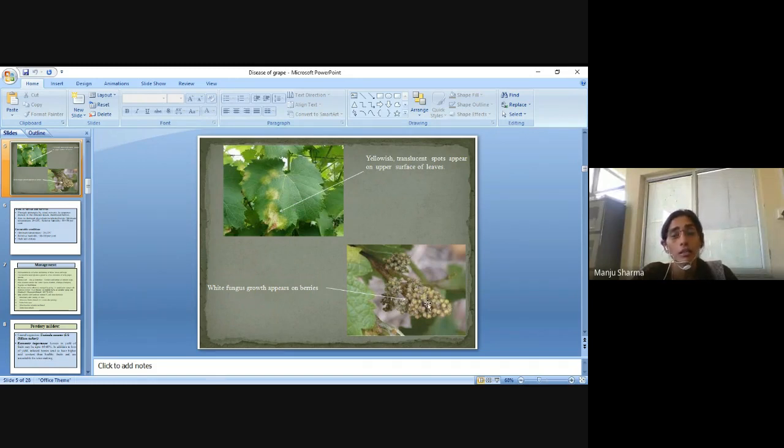And in another diagram, white fungus growth appears on berries. It will look like that. Due to this disease, there is basically 70 to 80% loss of the crop.